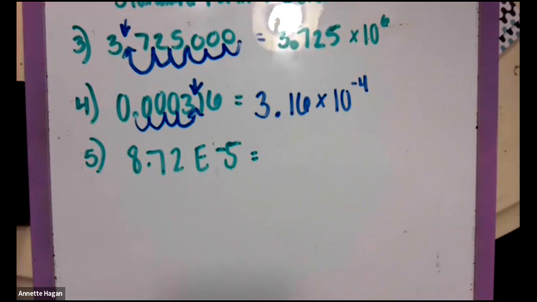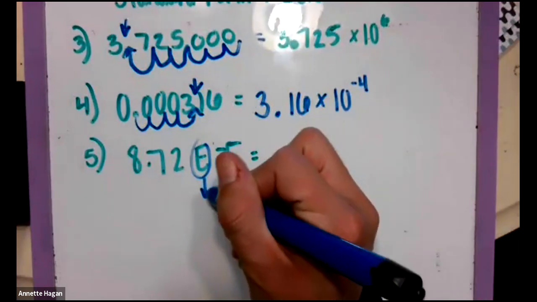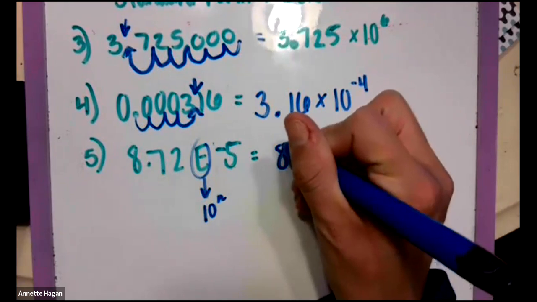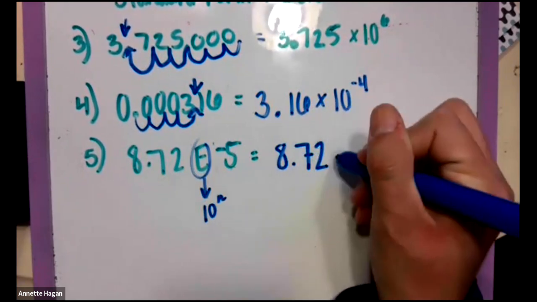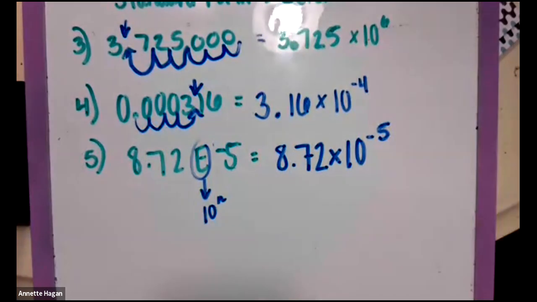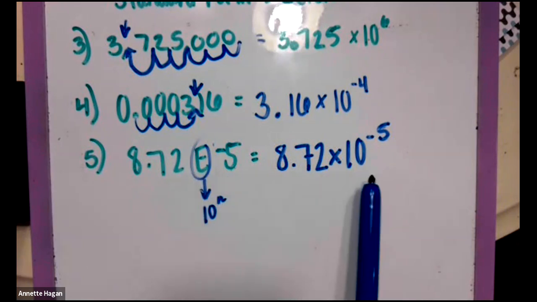All this e means is make this 10 to whatever power. So what this would be is 8.72 times 10 to the negative 5th power. Okay, so that is all we have to do with these. We just take the e and replace it with times 10 and raise it to the exponent.